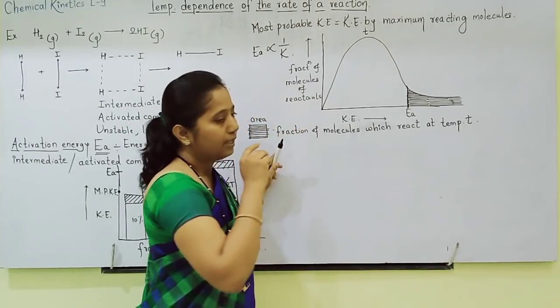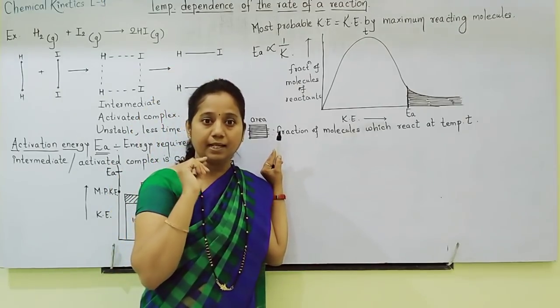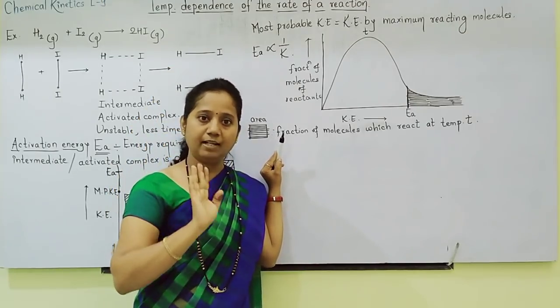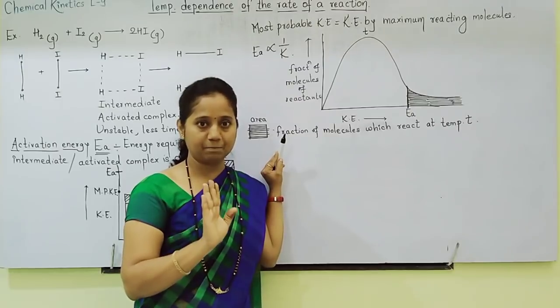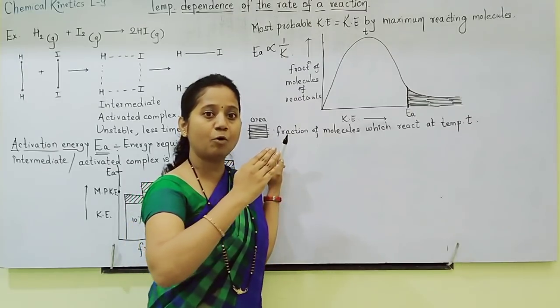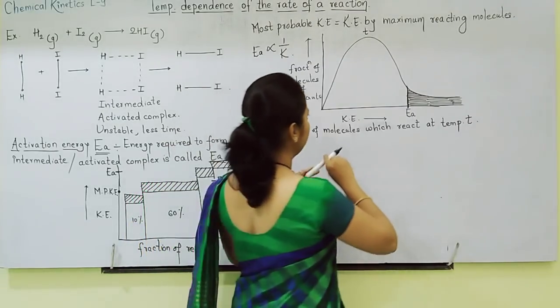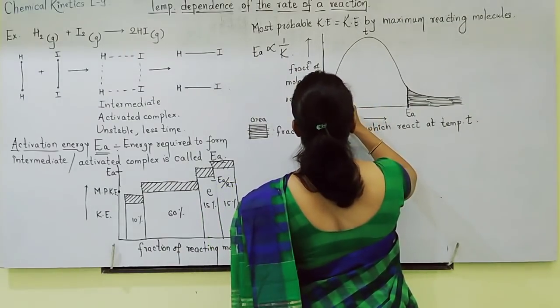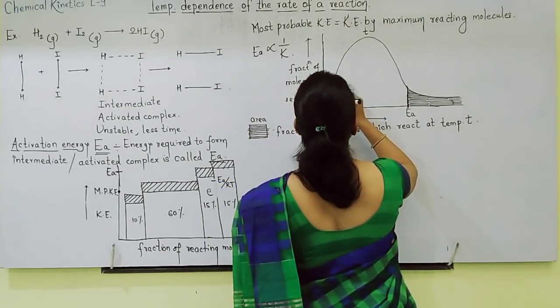So the area below the curve will remain the same, but only the curve broadens towards right side. So the curve becomes something like this here.